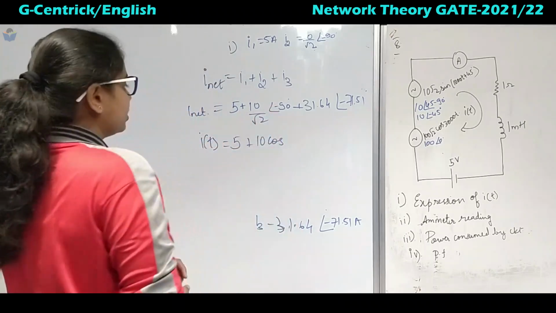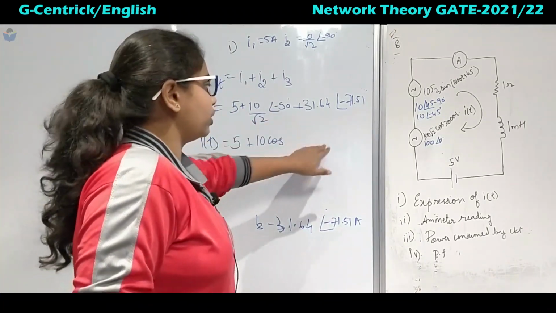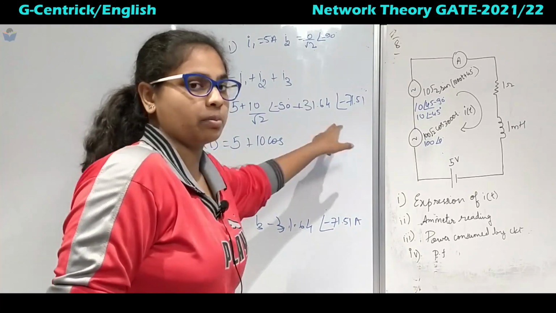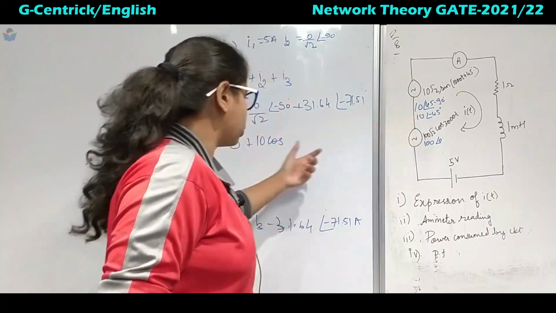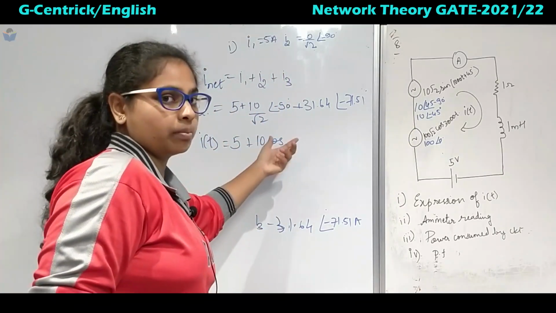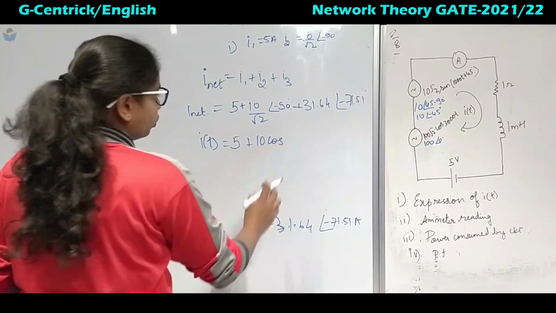Since I will take the reference as cos, we do not need to again write it as theta minus 90 degrees, because it is given here as sine, it is not compulsory to do minus 90 degrees again. You can directly take it in terms of cos.